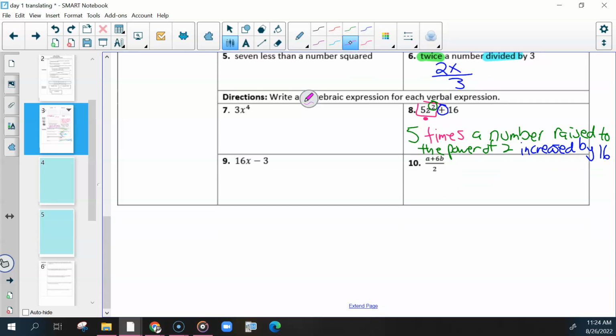For number 10, what operations do you see? Christian? Division, definitely. So somewhere we have to include that we're dividing. Cameron? Addition. Josephine, go ahead. Multiplication, where are we multiplying at?